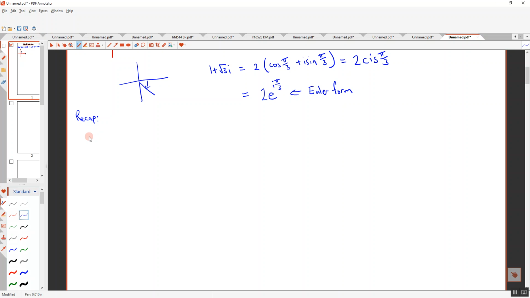Right, so another recap. If I've got 2 numbers in polar form, so if z1 is equal to r1 cos theta 1 plus I sine theta 1, and z2 is equal to r2 cos theta 2 plus I sine theta 2.